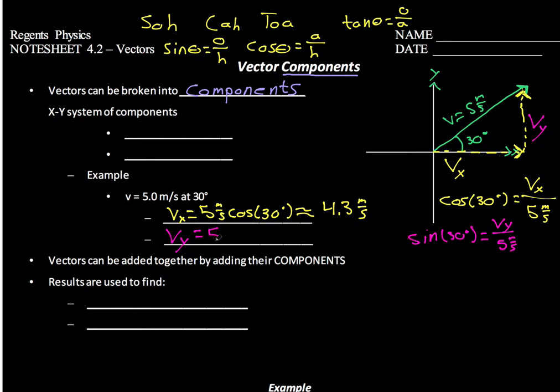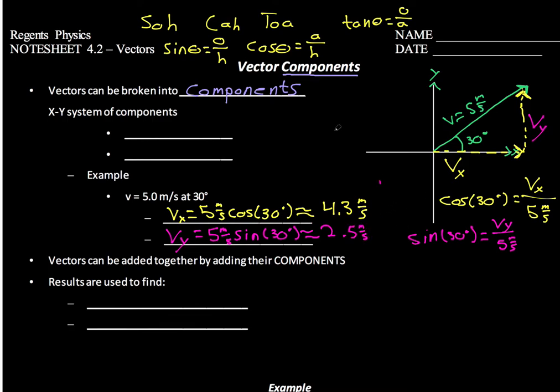Same process as the x component. 5 times sine this time of 30 degrees. I get 2.5 for that when I plug it in my calculator.